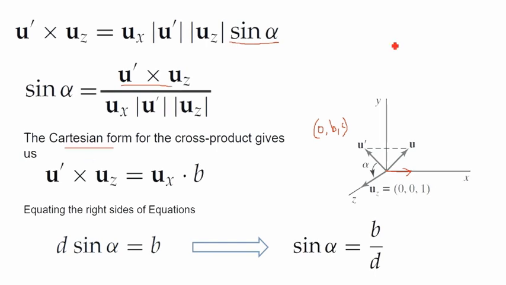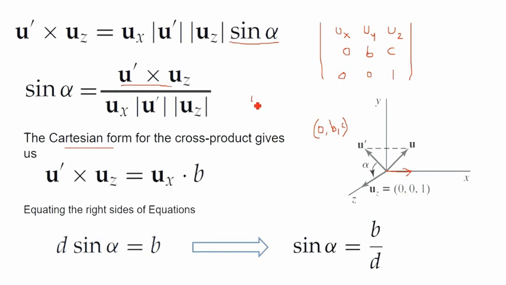Using the Cartesian form, I would have ux, uy, uz, then 0, b, c, that is my u dash, and my uz is 0, 0, 1. So what do I have as my cross product?